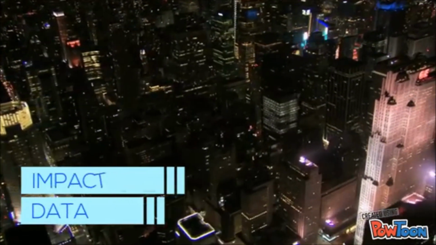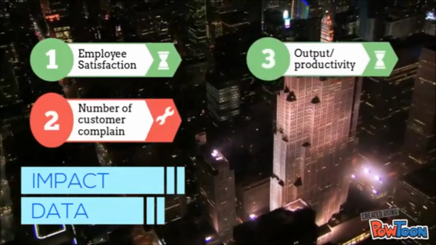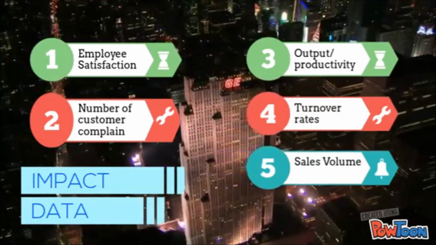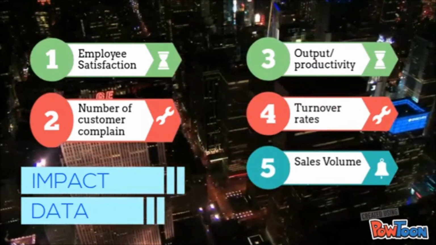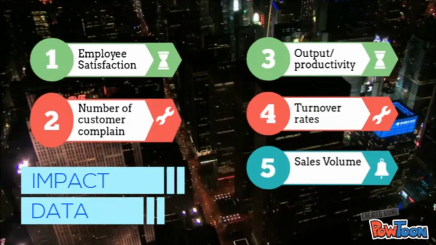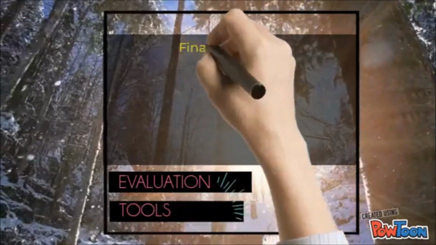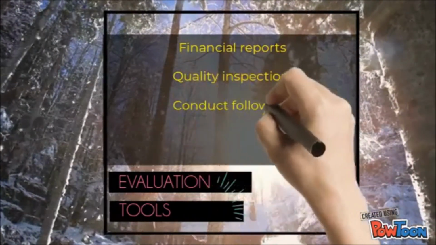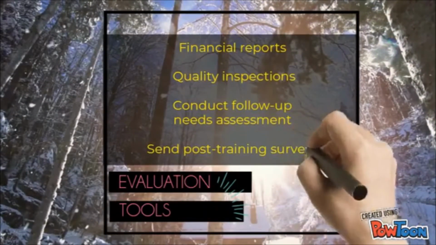Impact data of this level are: first, increased employee satisfaction; second, decreased number of customer complaints; third, increased output and productivity; fourth, decreased turnover rate; and the last one, increased sales volume. The evaluation tools for this level can be financial reports, quality inspection, conducting follow-up needs assessment, and sending post-training surveys.